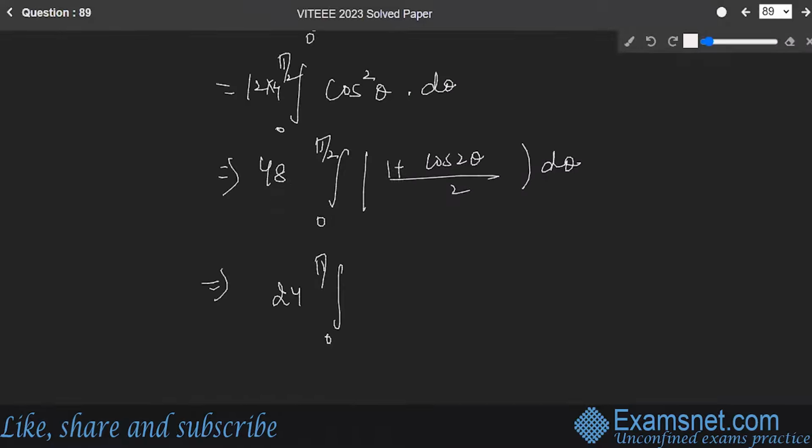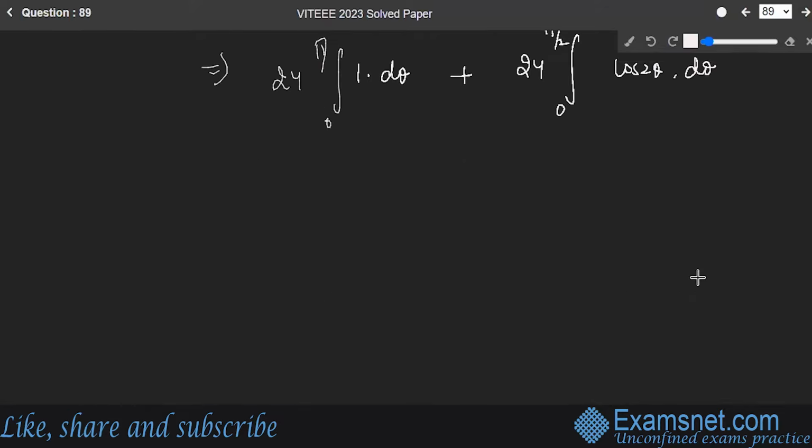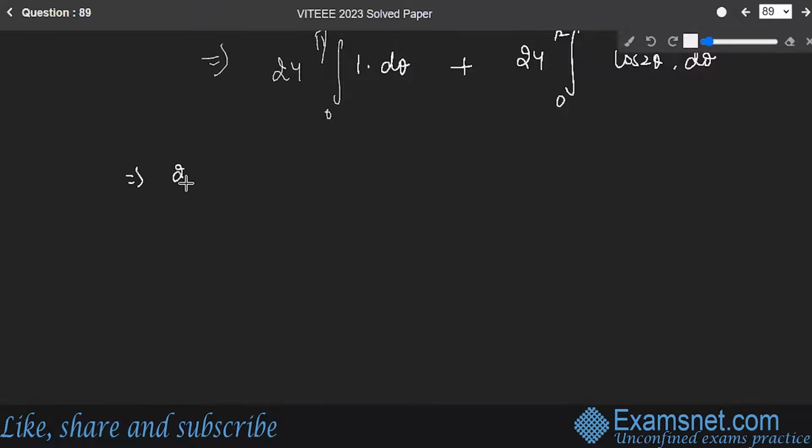So that is 1 into d theta plus 24 into integral of 0 to pi by 2 cos 2 theta into d theta. So this is 24 theta from 0 to pi by 2 plus 24.